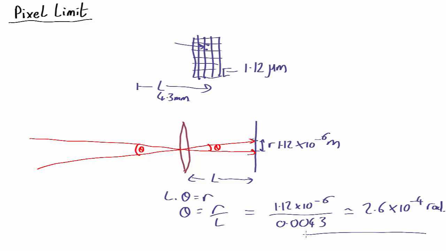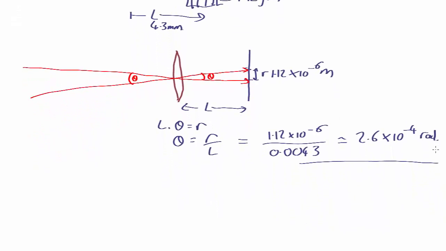Now, radians don't mean much to most people, so let's convert that into more familiar units. We can convert it into degrees by multiplying by 180 over pi. So that comes out as 0.0149 degrees, which is still very small. We need a smaller unit. It turns out there are smaller units widely used in astronomy in particular.